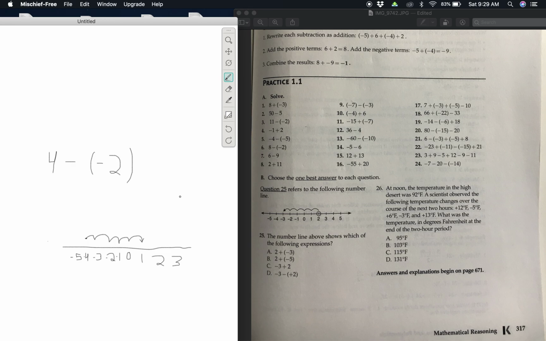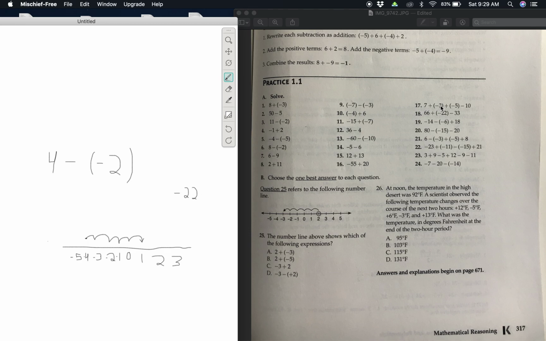So -15, pretty much just add this together, make it a 32, and since we kept going to the left, which is negative, your answer is -32.